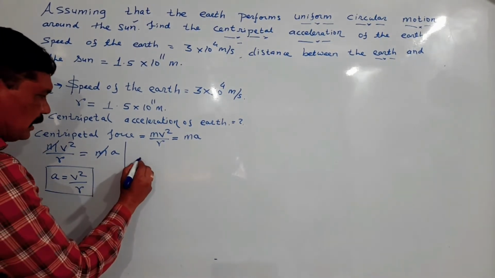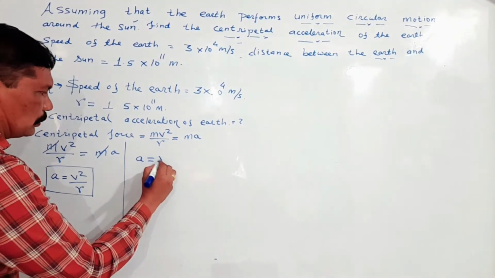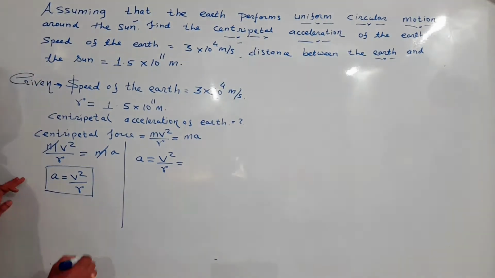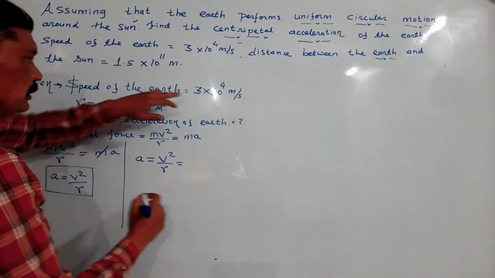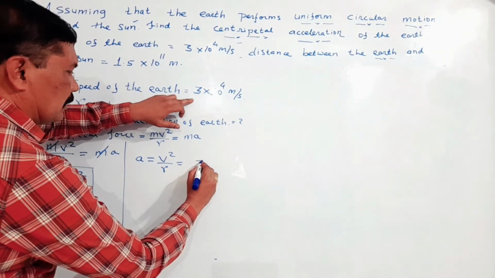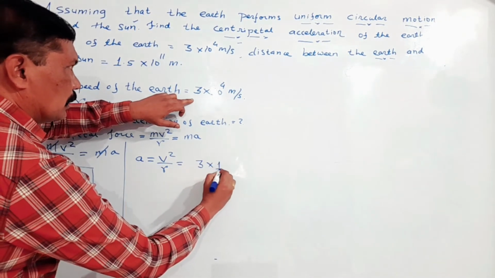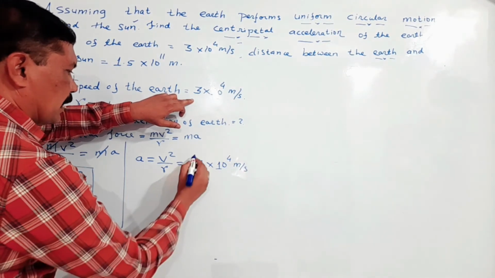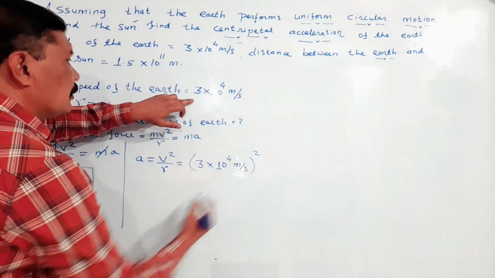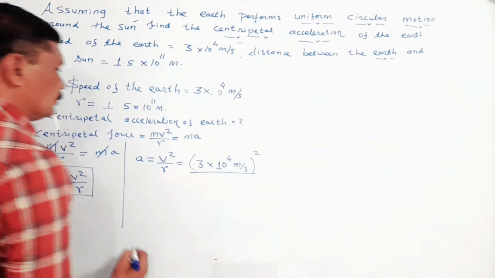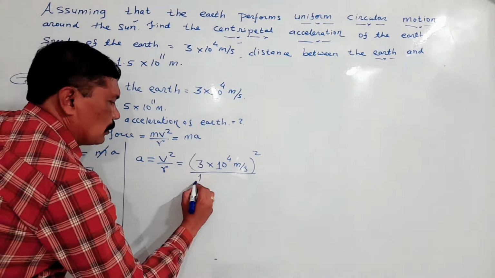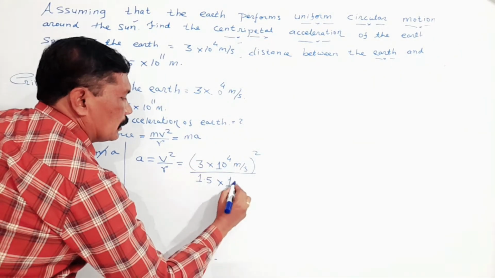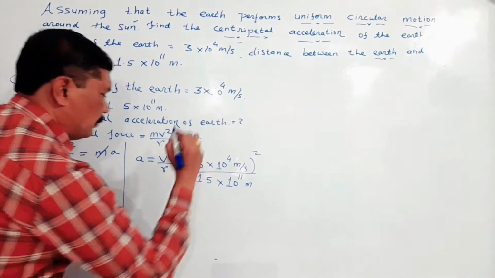Now, my dear student, here we can write a is equal to v square upon r, is equal to speed. We can put the value as discussed earlier, 3 into 10 to the power 4 meter per second, square, upon the radius that is given to us, 1.5 into 10 to the power 11 meter.